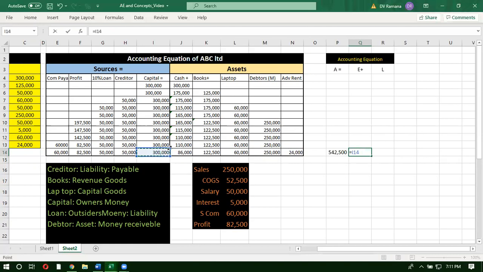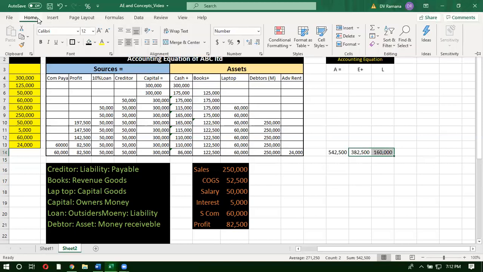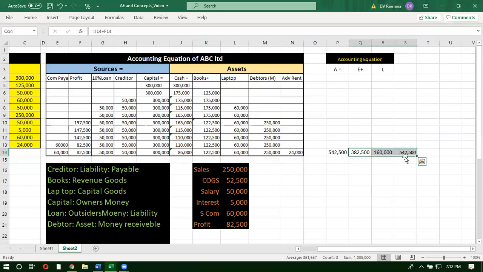Equity is capital plus the profit. And the liabilities are creditors plus 10% loan plus the commission payable, right? So can we see whether A is equal to E plus L? We can see that 542.